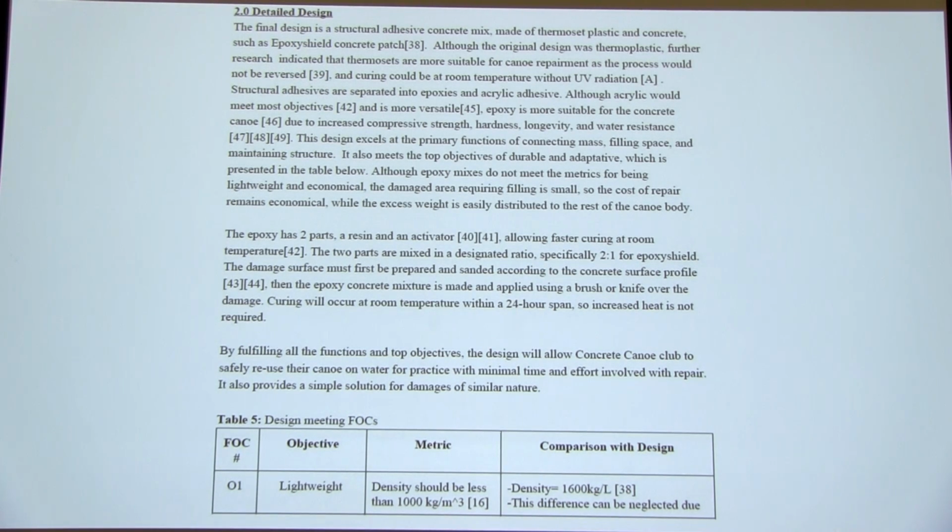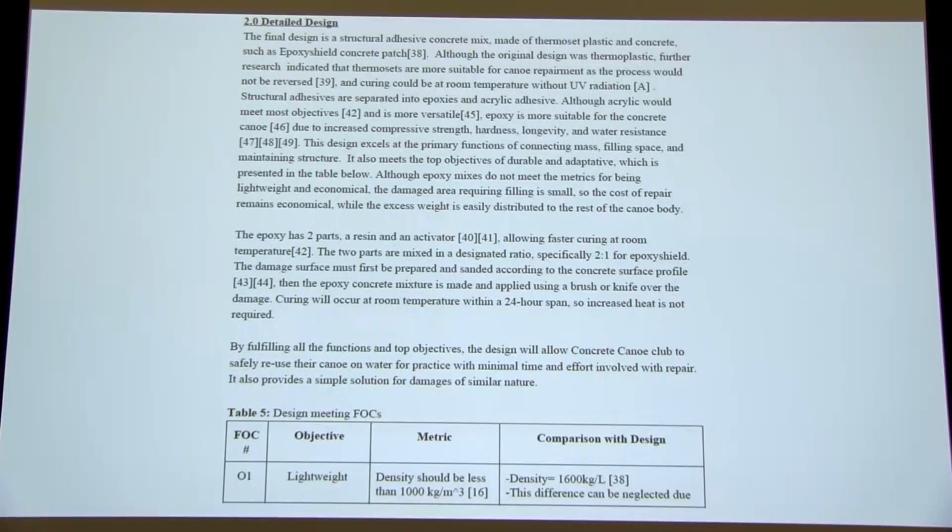They have a paragraph where they justify it, and then they describe how the epoxy works, and then they have a table showing how this design meets the functions, objectives, and constraints. They have the objective, lightweight. They have the metric, where they define the density in numeric terms.